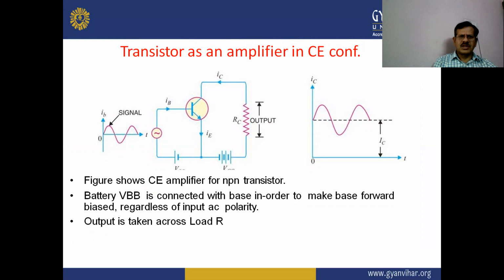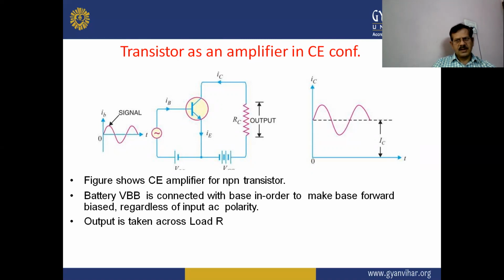Now the transistor as an amplifier in CE configuration, or common emitter configuration. So we have the transistor as an amplifier in the common emitter configuration. In this circuit diagram, with input and output waveforms, the figure shows the common emitter amplifier for the NPN transistor, and a battery VBB is connected.